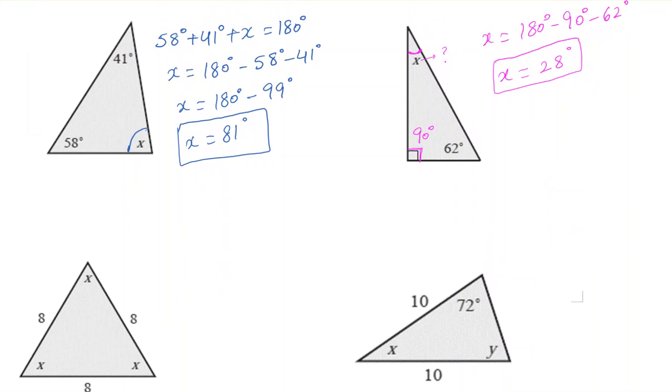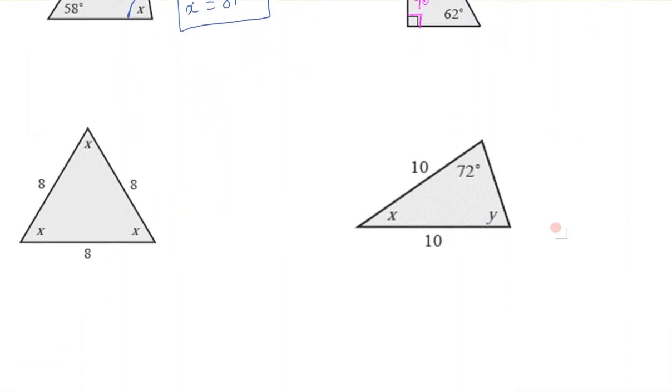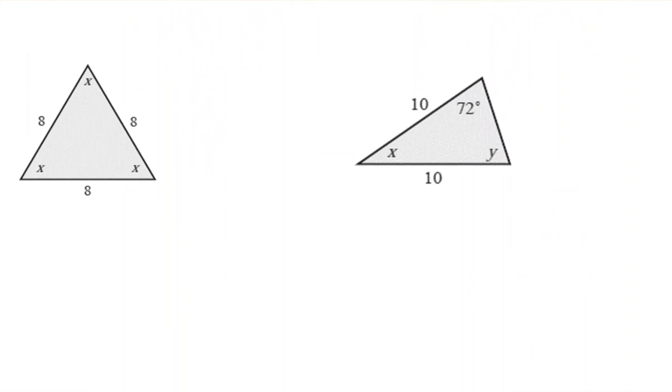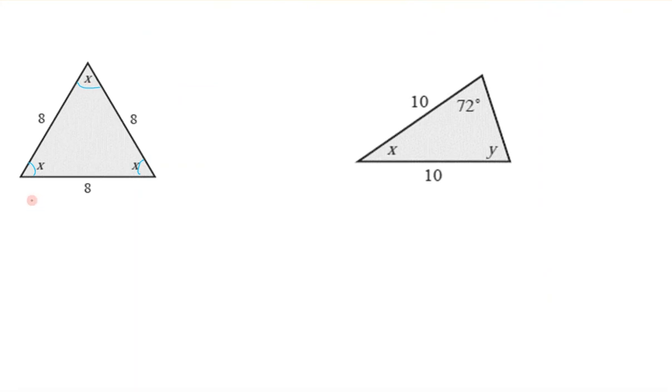Number 3. In this one, we are given three angles which are the same and three sides which are the same. One thing we notice is that if we have the same sides and same angles, this is an equilateral triangle. No matter what kind of triangle you have, the sum of interior angles is always going to be 180 degrees.